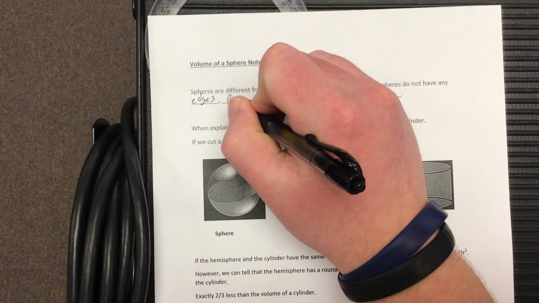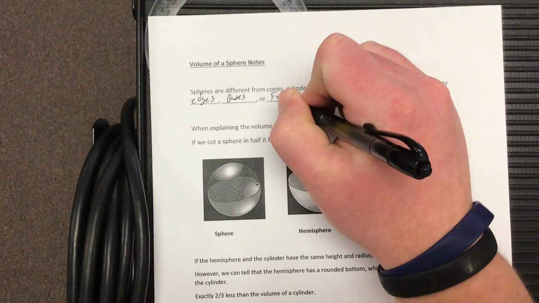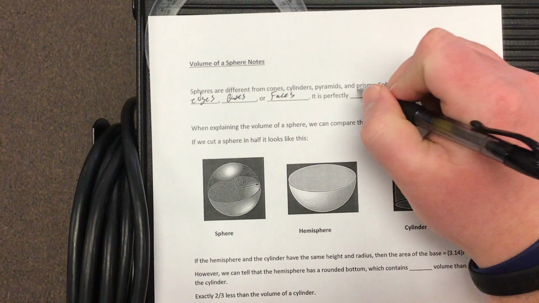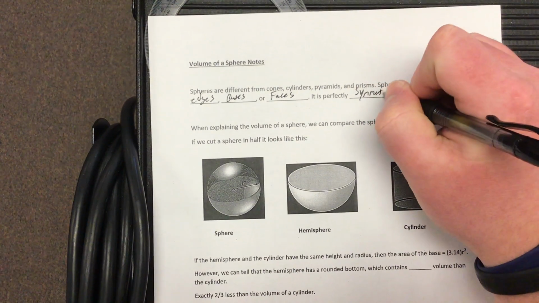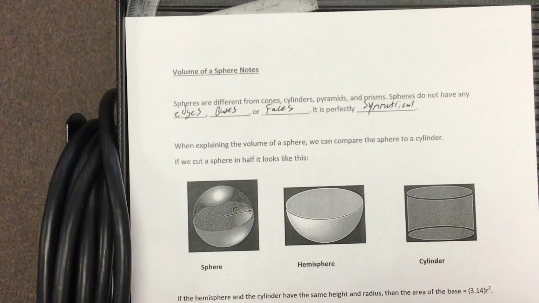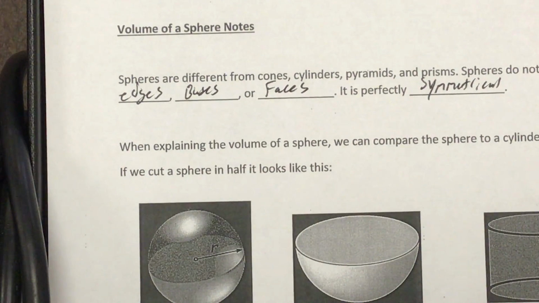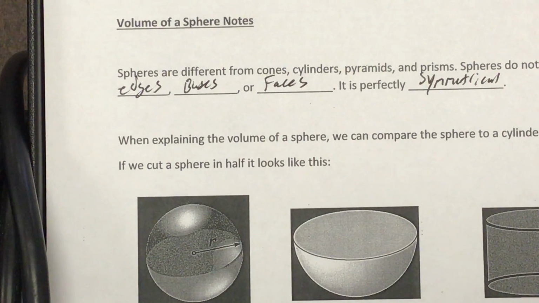Bases and one more. Faces. All right, and they're perfectly symmetrical. They don't have any edges, bases, or faces, and they're perfectly symmetrical.